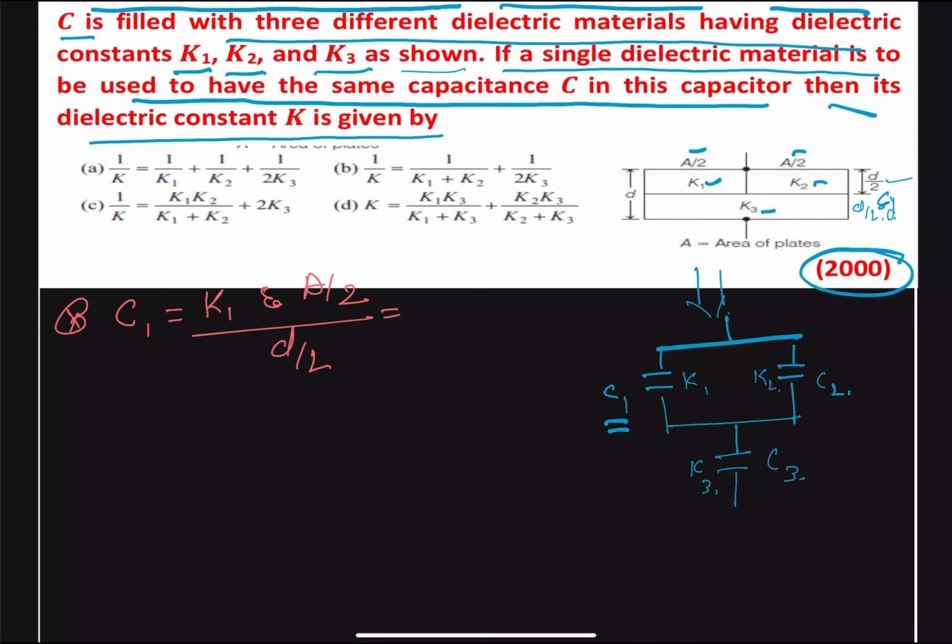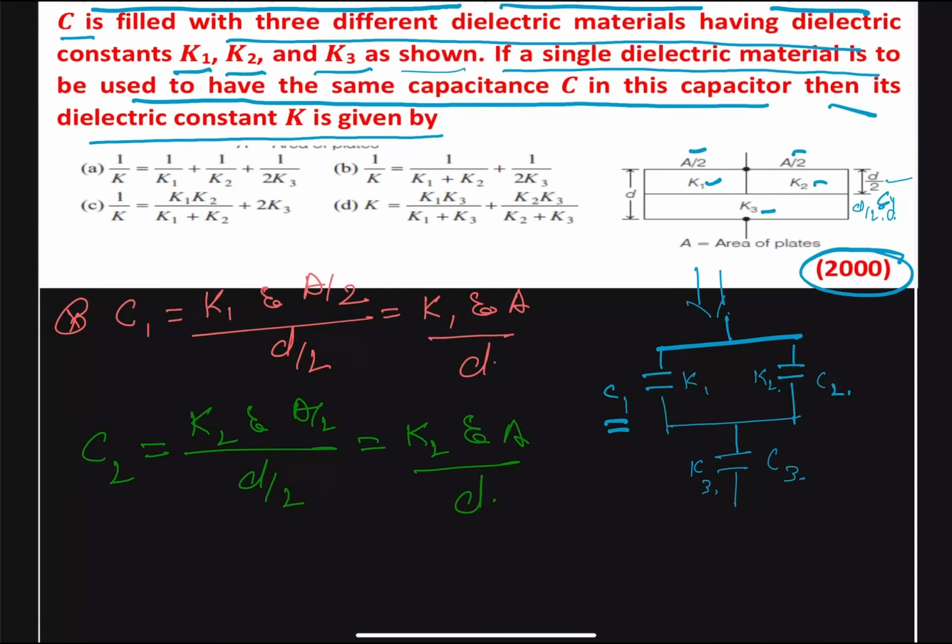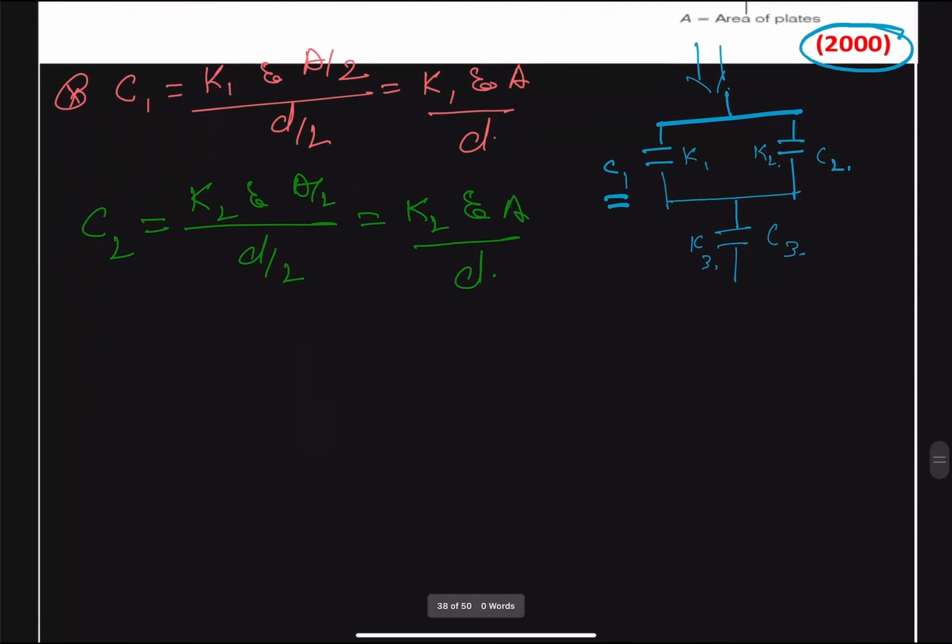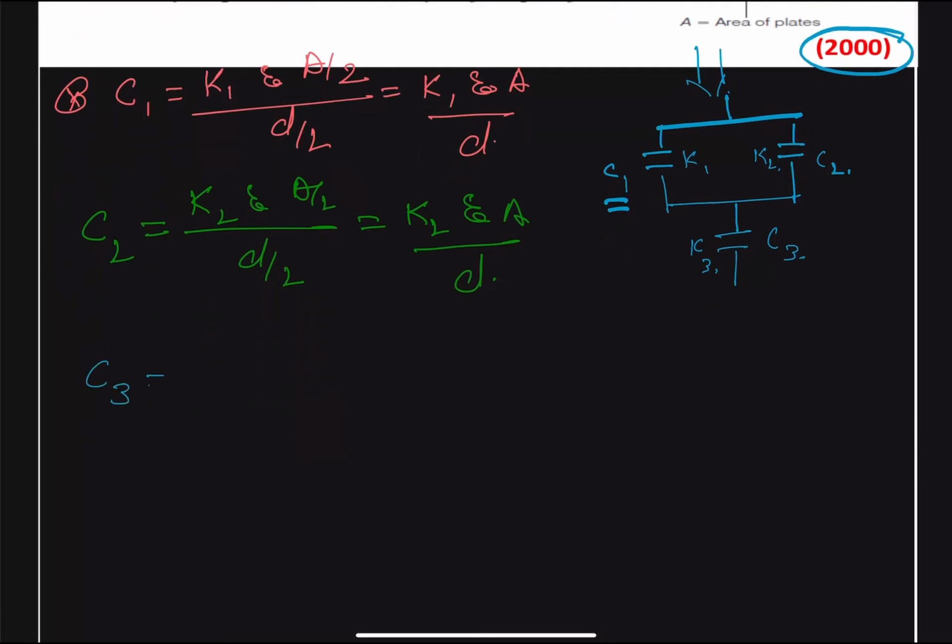So this comes as K1 epsilon naught A upon D. Similarly, we can find C2, which will be K2 epsilon naught A by 2 and D by 2, which gives K2 epsilon naught A divided by D. And finally, C3 will be K3 epsilon naught, area A, but the width is D by 2.